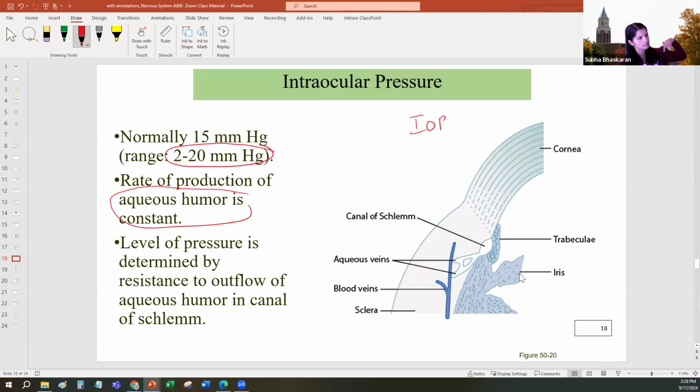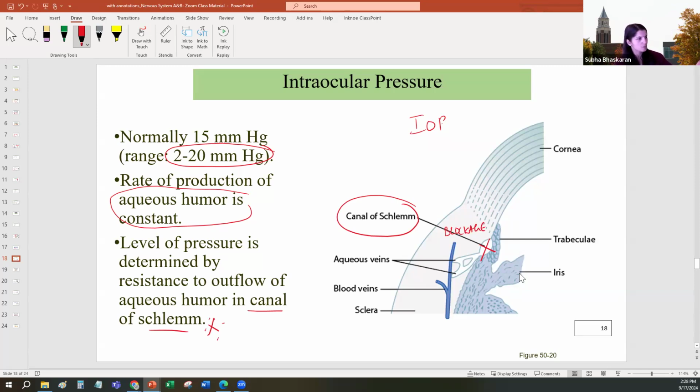We talked about glaucoma. Typically the level of pressure, there is something called the canal of Schlemm. This is the canal that helps drain it, correct? So if this is blocked, let's say there is a blockage, what is it going to cause?